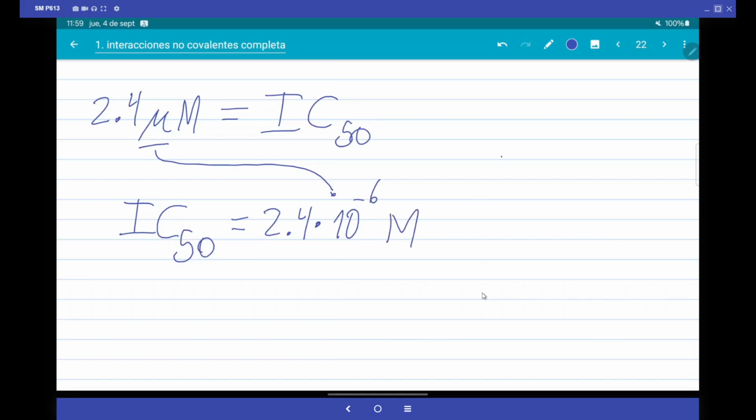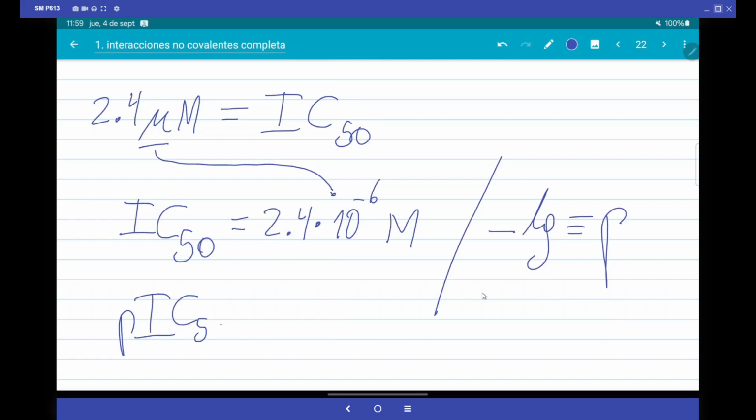And now we calculate minus logarithm, which is what p means. Then pIC50 is equal to minus logarithm of 2.4 times 10 raised to minus 6.